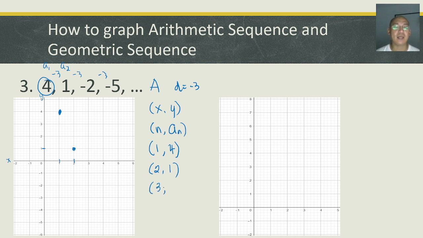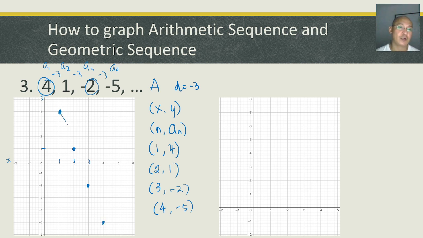If your n is 3, then your a sub 3 is negative 2. So this is your x value of 3 and negative 2 of y. And lastly, if your n value is 4, then your a sub 4 is negative 5. So we have here now the next point.